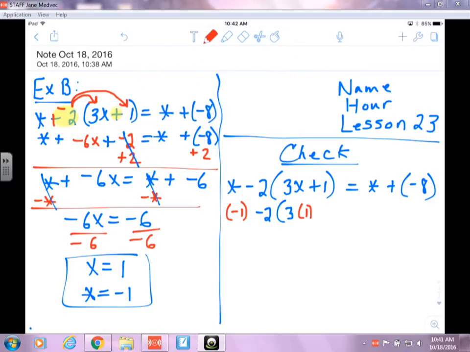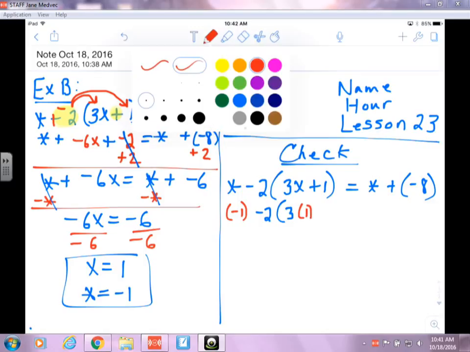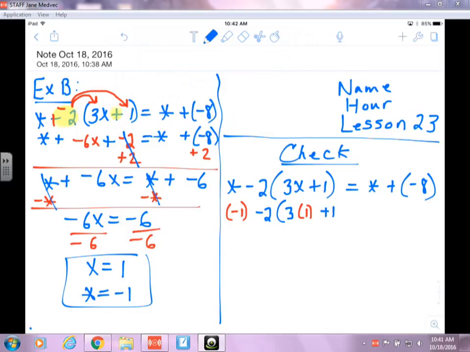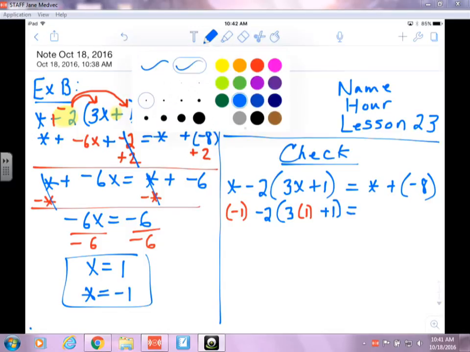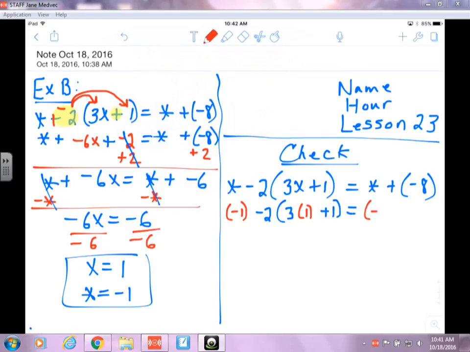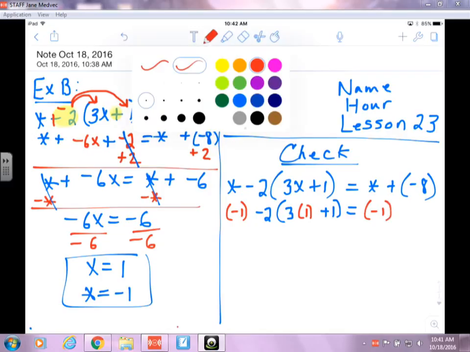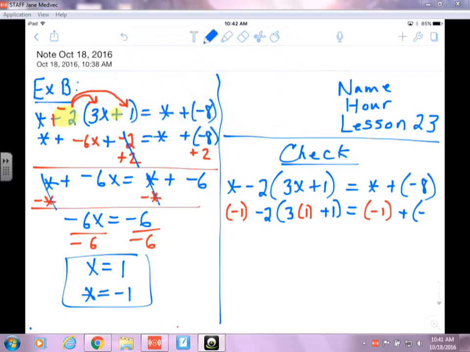Take out my x and put in 1. So you'll notice I took out my star and I put in negative 1. I took out my x's and I put in 1.